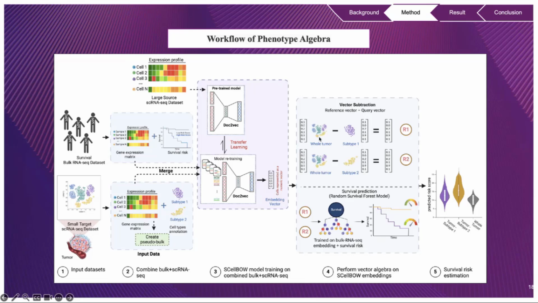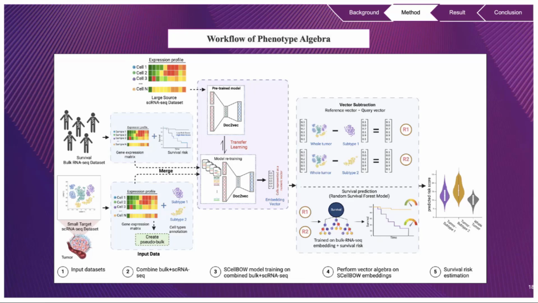And once it is done, we have subtracted the embedding of each of the subtypes to get a resultant embedding, which we have given as an input to a random survival forest model, which has been trained on the survival risk data from the bulk RNA-seq. And then we calculate, using the regression that has been used in this random survival forest, how the aggressiveness is calculated.